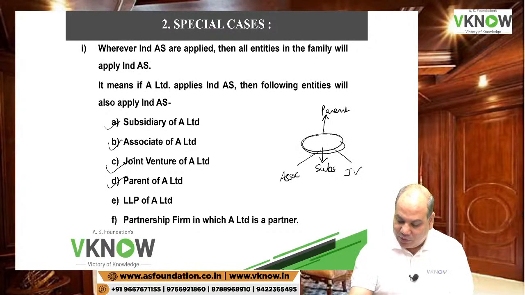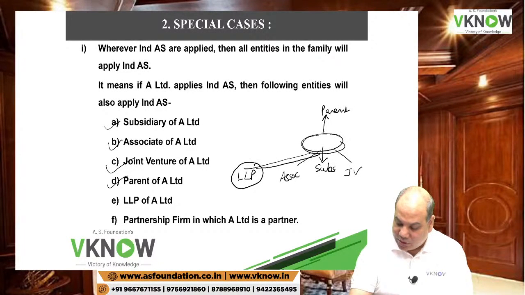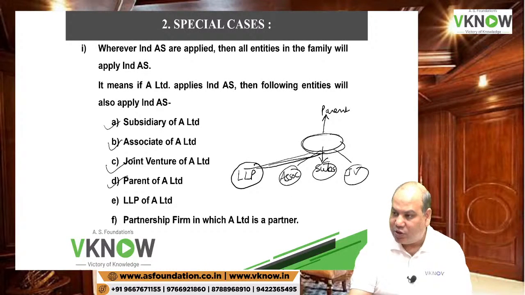Then if there is any LLP, limited liability partnership, that LLP will also apply Ind AS because the financial statements are consolidated. Why are these required? Because their financials are consolidated.